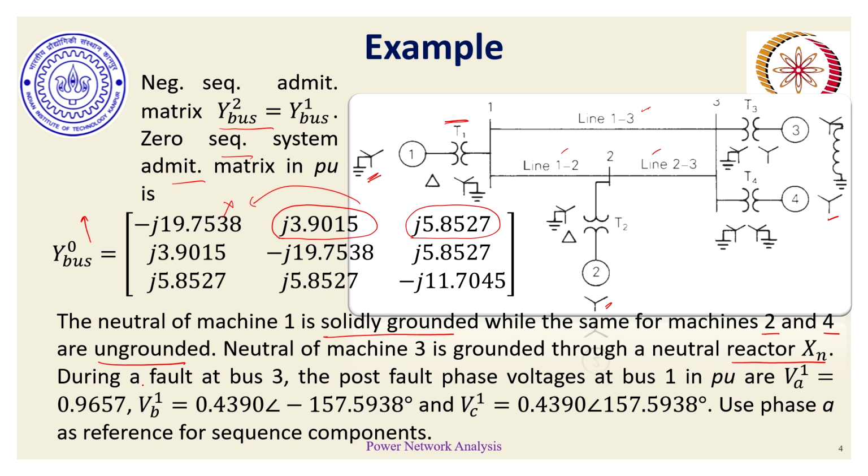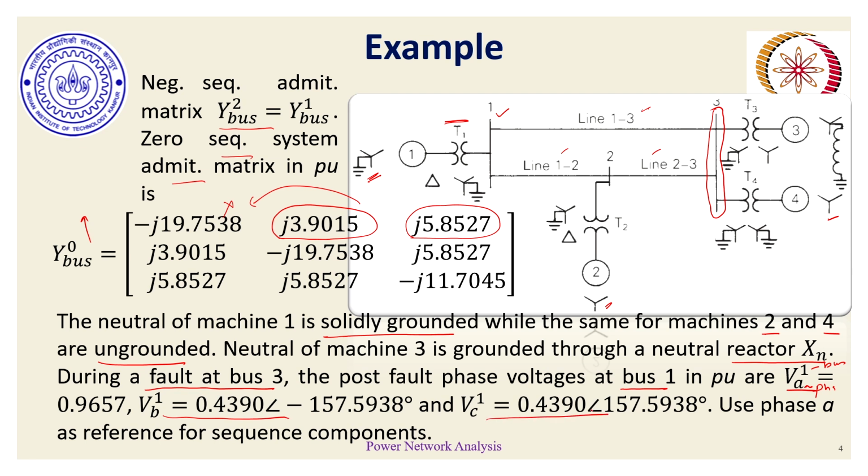Some fault has occurred at bus number 3, and after that fault occurrence, the post-fault phase voltages at bus 1 in per unit are given. So VA1, where A refers to the phase whereas 1 refers to the bus number, are given as in this question.